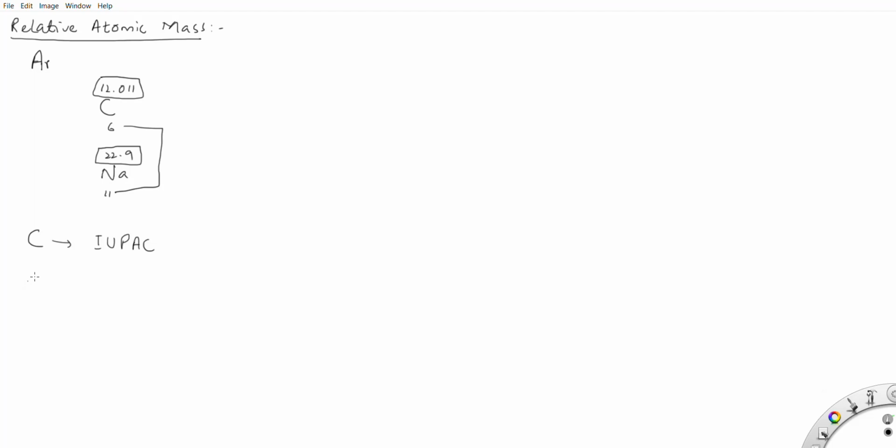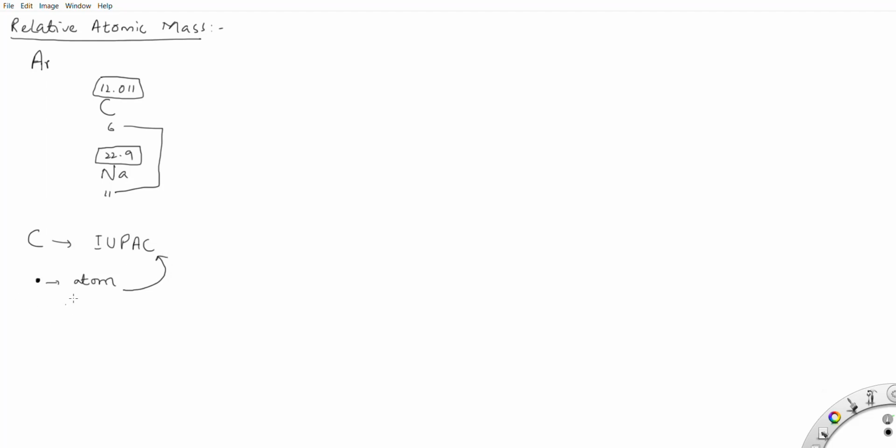Since we all know that atoms are far too small, if someone is going to work out a methodology to measure the mass of the atom, naturally it would be far less. So scientists worked out an idea rather not to measure the mass of the atom directly, but to compare it with the mass of carbon.